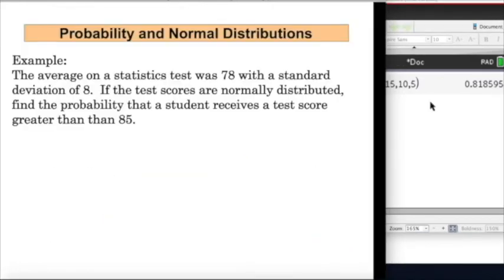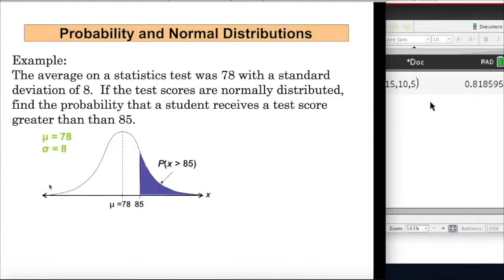Okay, let's move on to this example. The average on a statistics test was 78 with a standard deviation of 8. If the test scores are normally distributed, find the probability that a student receives a test score greater than 85.